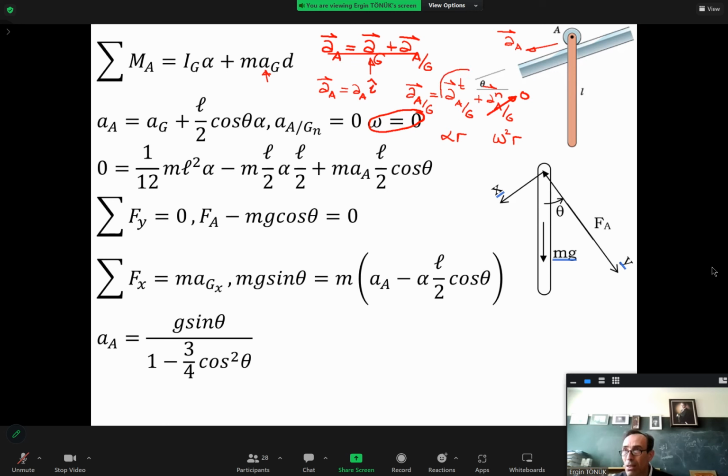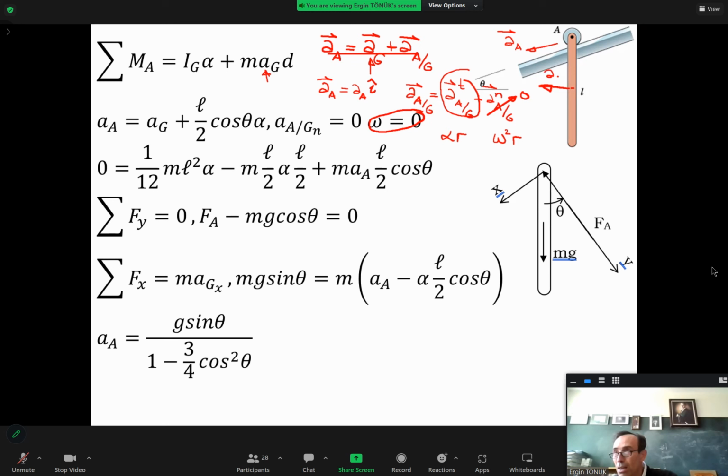This one, which I'm writing, okay? So what I have is, in this expression, I can write it like a scalar expression, okay? The normal acceleration, the tangential acceleration is like this.